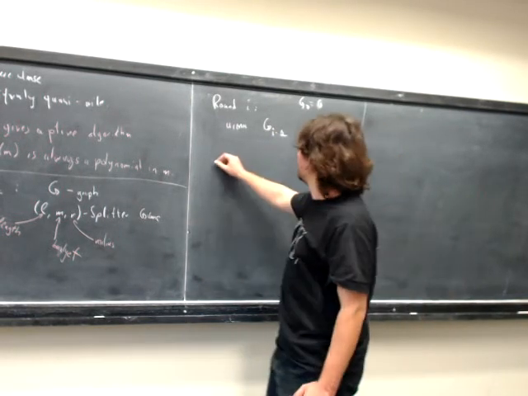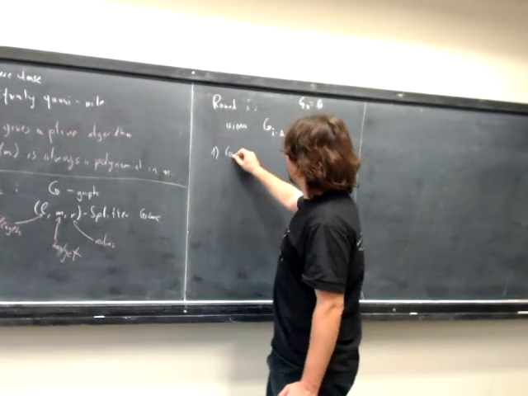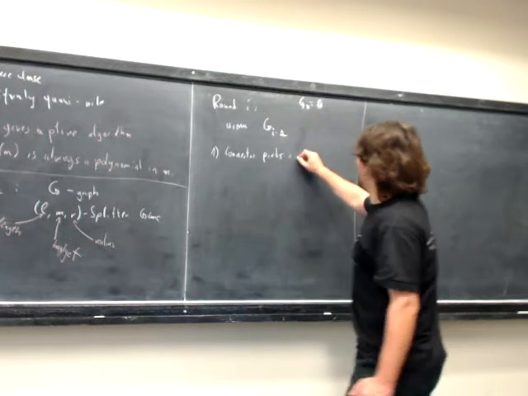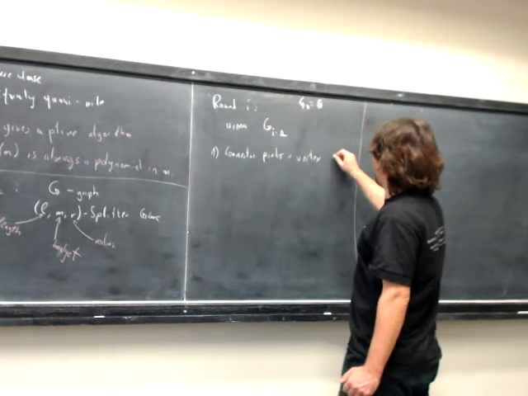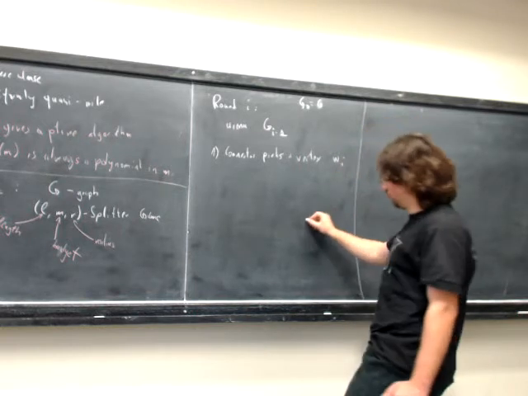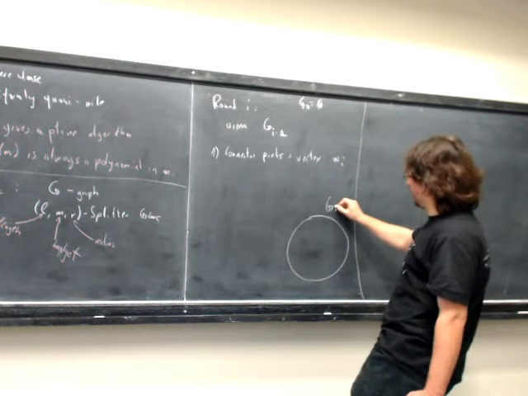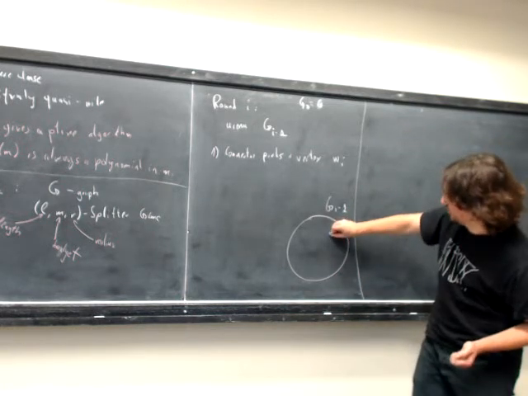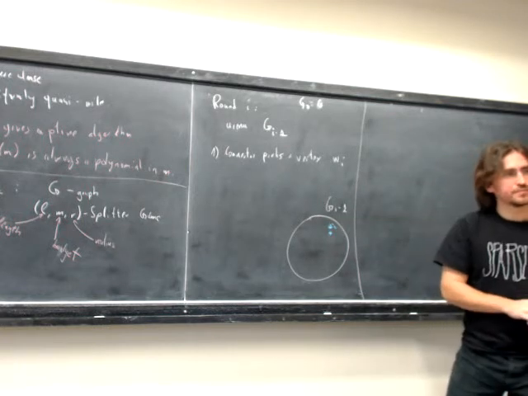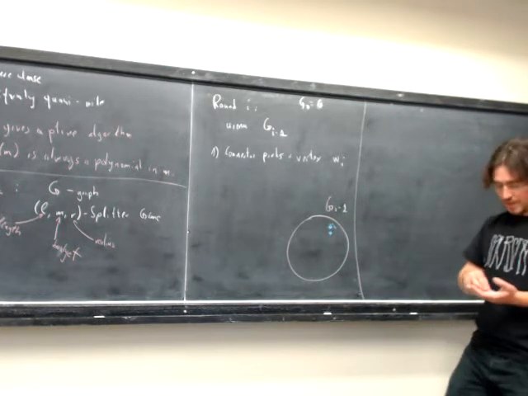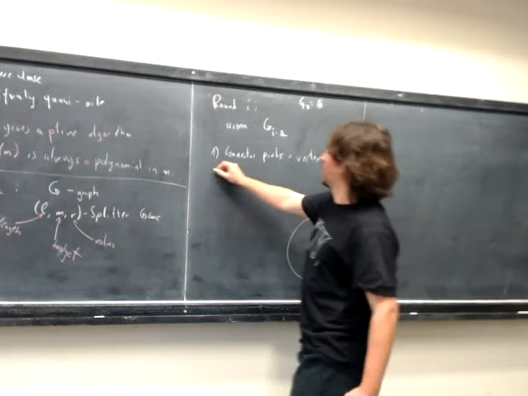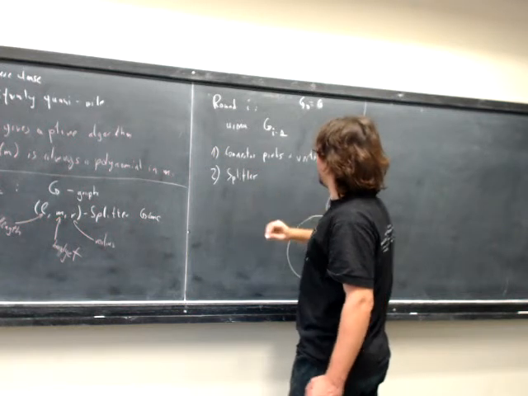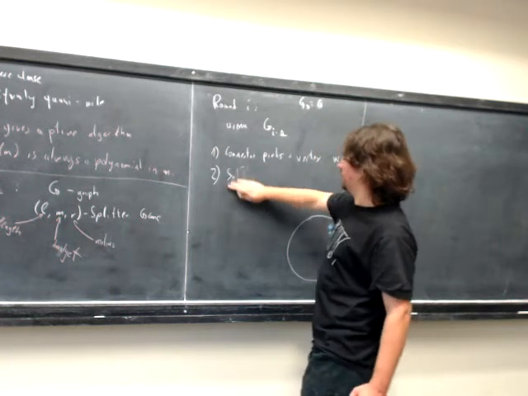So first, phase 1: the connector picks a vertex. Let's call it U_i. So to draw it on the board, here is G_{i-1}, and the connector picks one vertex, say U_i.